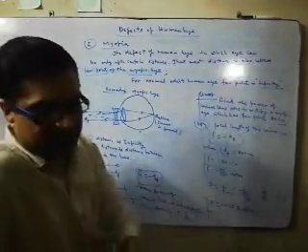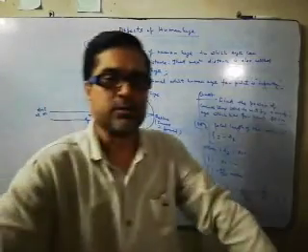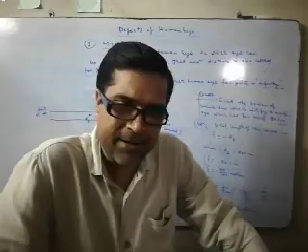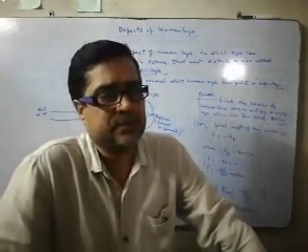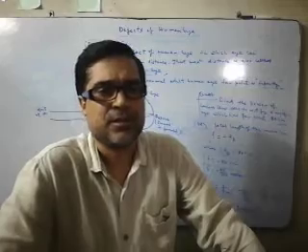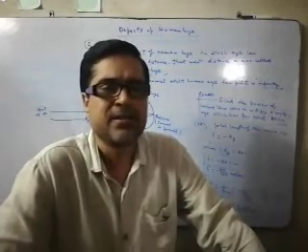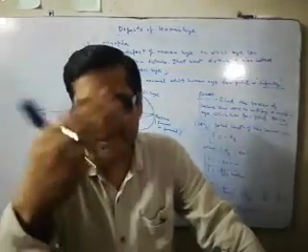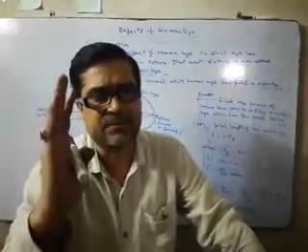So now let us talk a little bit about the next defect of the eye, that is hypermetropia. Hypermetropia is just the opposite of myopia. In hypermetropia there is a problem in near vision, but the distant vision is clear.